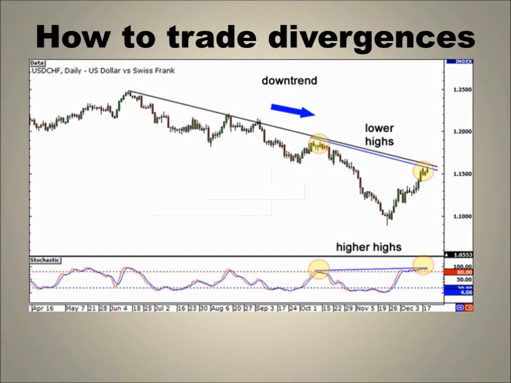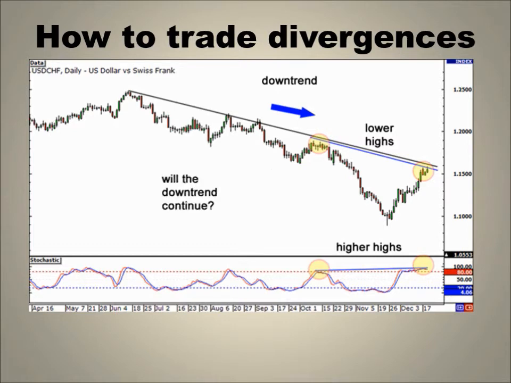Okay, so another chart. Here we have the downtrend. Now here we have a second line. This line is connecting the lower highs, and this long line is showing the downtrend. That's why we have the two lines, because I want to emphasize that the highs are getting lower. And then down here, the highs are getting higher.